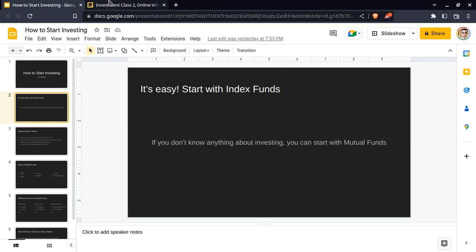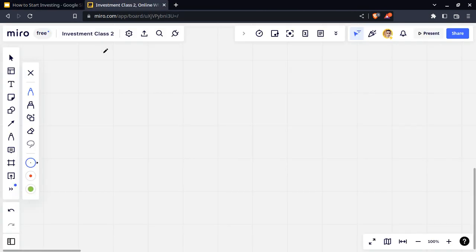Before going to invest in index funds, let me explain what is an index, which I explained in the last class, but I'll just give a small recap here. There are two stock exchanges in India.